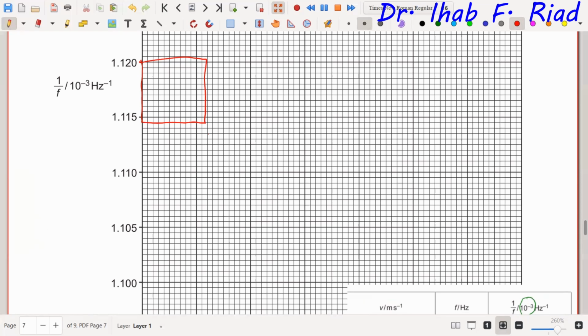Dean, you did the calculation: it is six steps from 1.115. How many steps? It is 0.66, so 6 steps. 1, 2, 3, 4, 5, 6. Is it over here? Yes, it is.